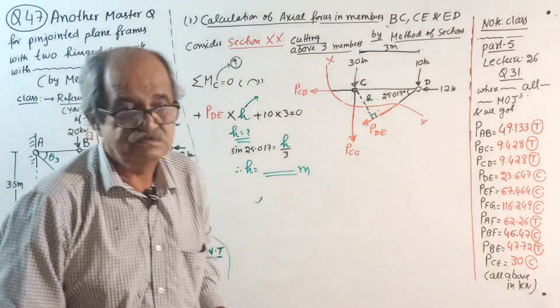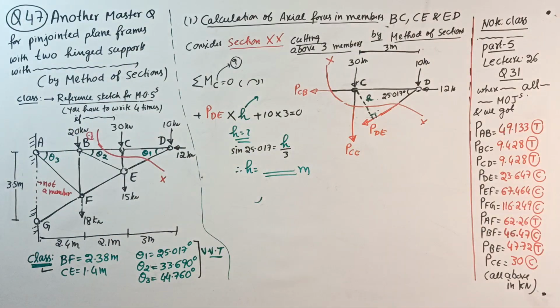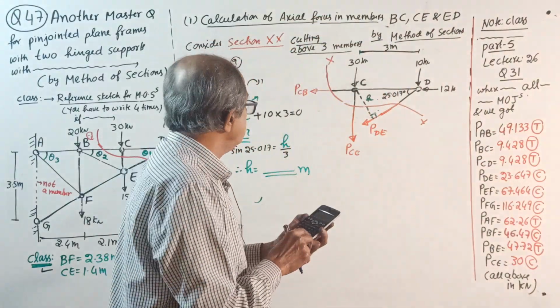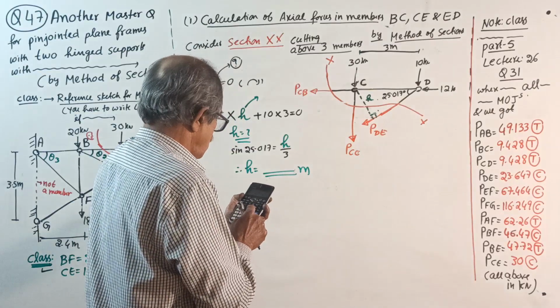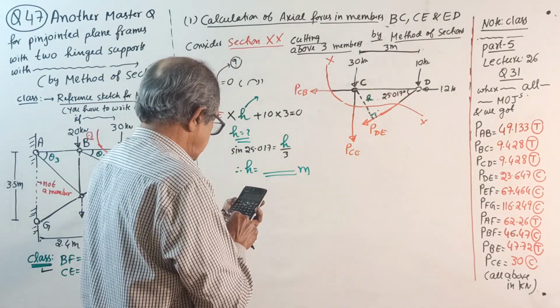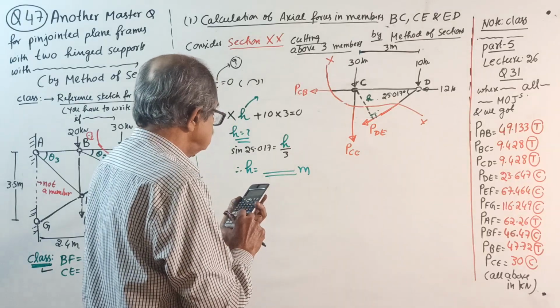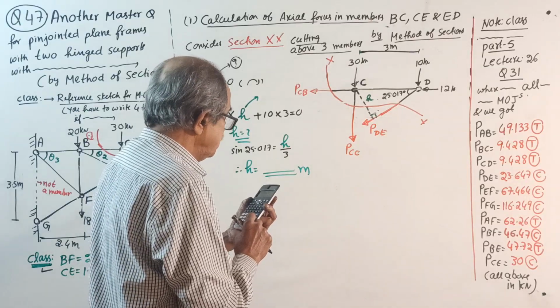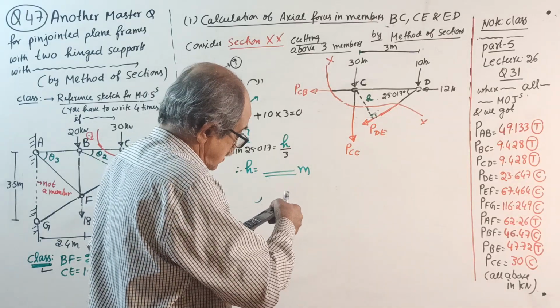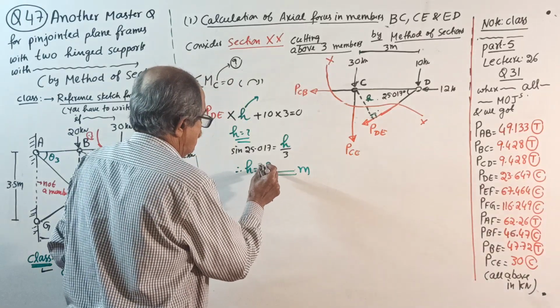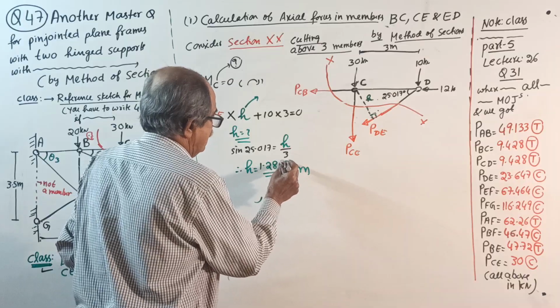There is a calculator. One I will solve in front of you, one I will write and explain, the same thing, to save time. 3 into sine 25.017 is 1.2687 meter. Correct? 1.2687 meter.